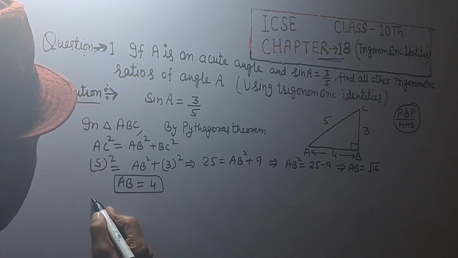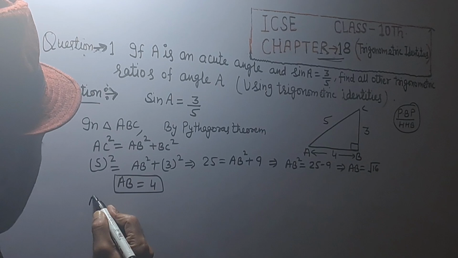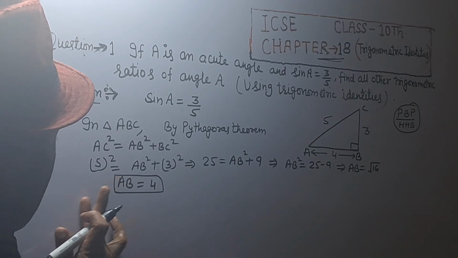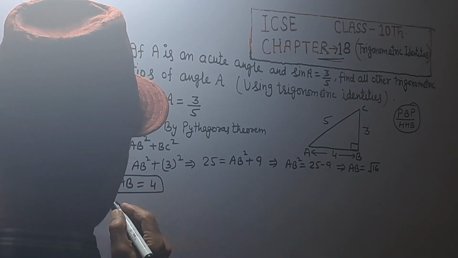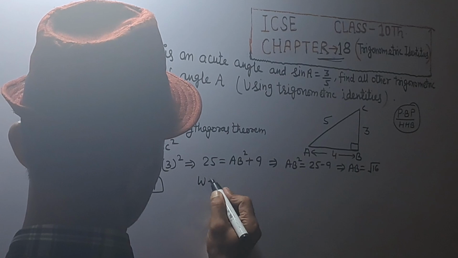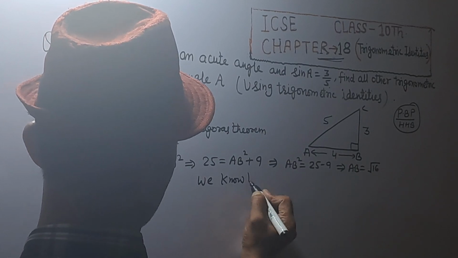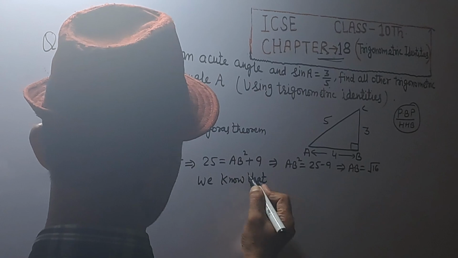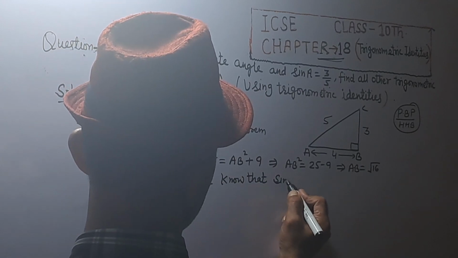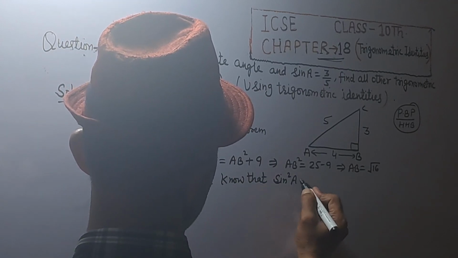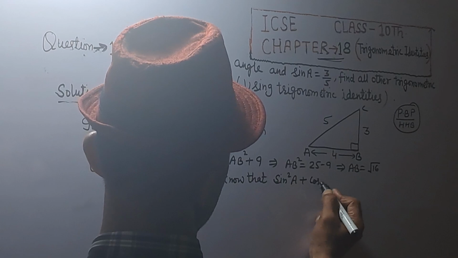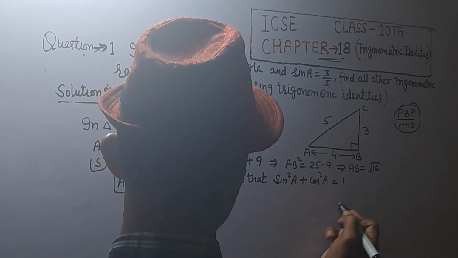We know that sin square A plus cos square A is equal to 1.